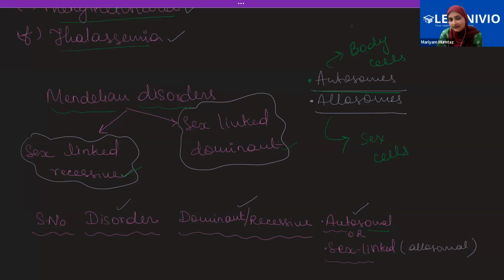I have said the answer. The question is, in which condition will the recessive trait express itself? So it would be the homozygous recessive condition, right?